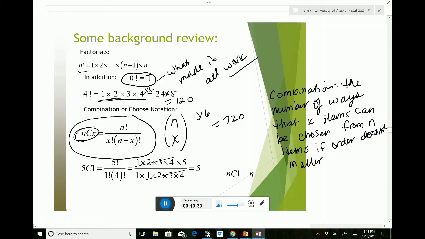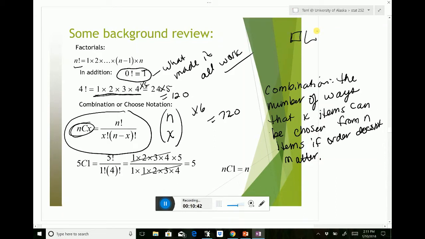Okay, for example, if I have a committee of 5 people, and I want to know how many ways I can choose 2 out of this. Not to be confusing, I'm going to call these A, B, C, D, and E. So how many groups of 2 can I get out of this?